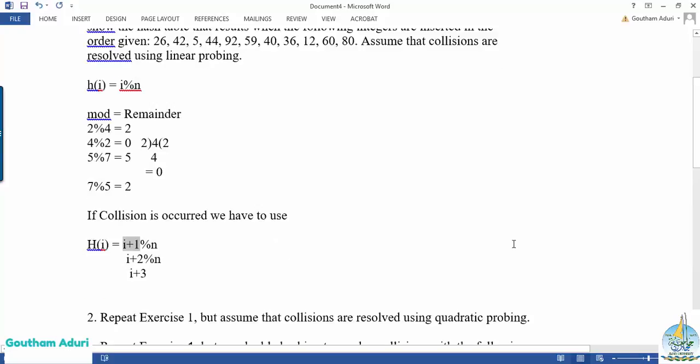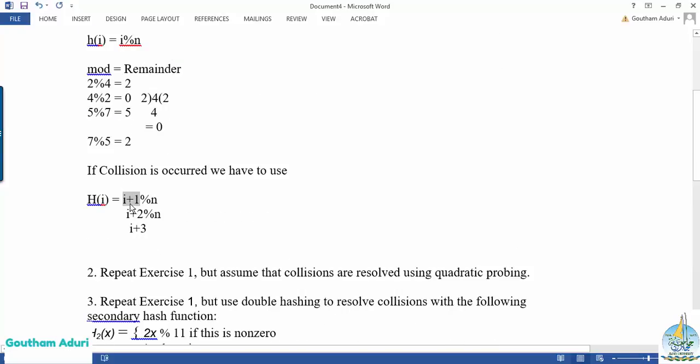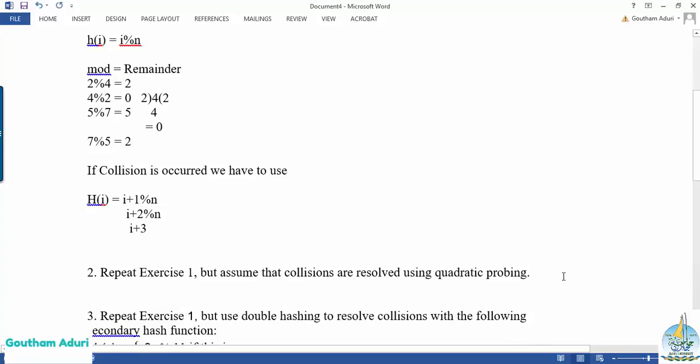What quadratic probing means is, in linear probing we incremented by 1, but if collisions occur in quadratic probing, we have to increment by a square.